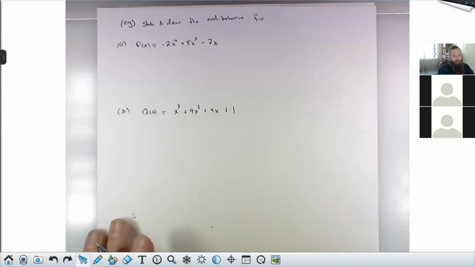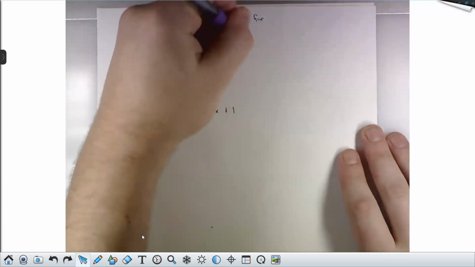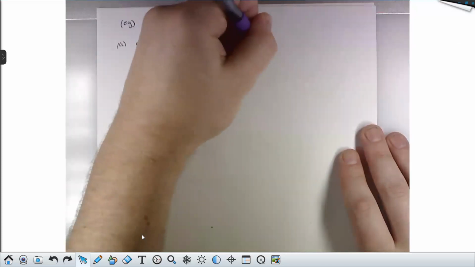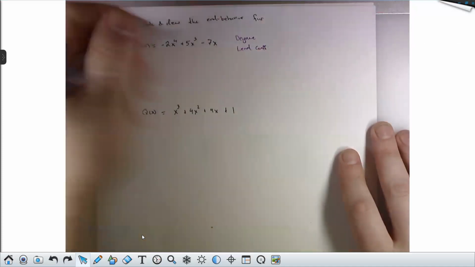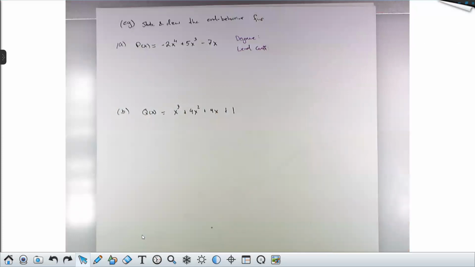So what do I need to identify to find each of the end behaviors here that I'm asking for? The degree and lead coefficient. Very good. Yeah, we need the degree and the lead coefficient. All right, so in part A here, what is the degree of this polynomial? 4.